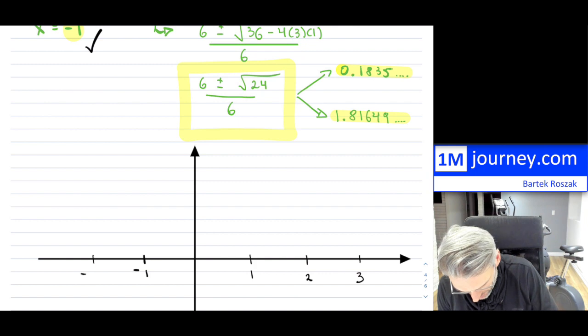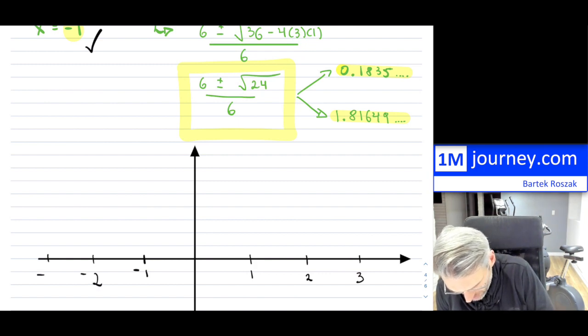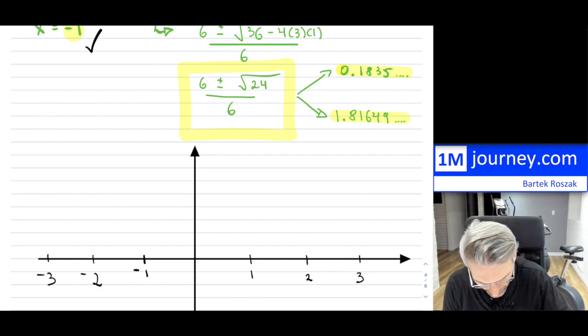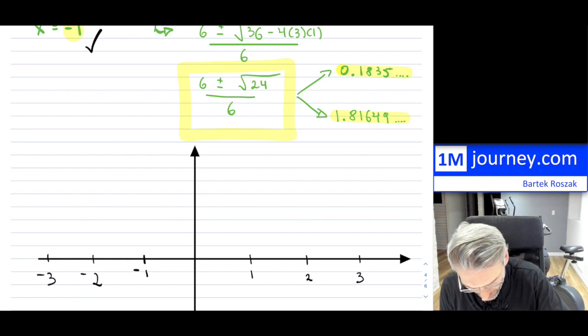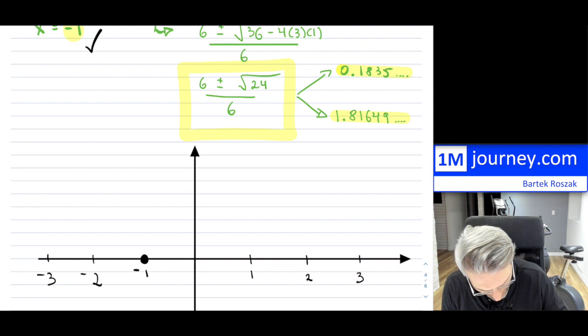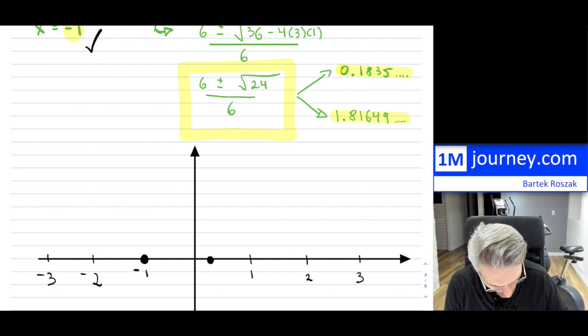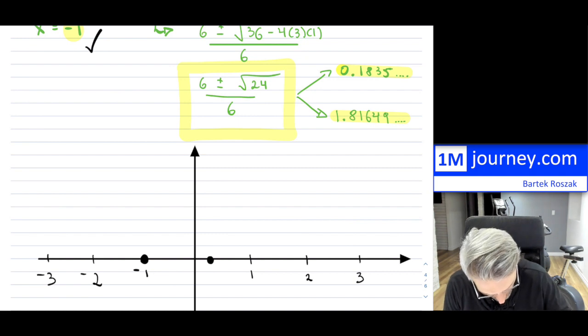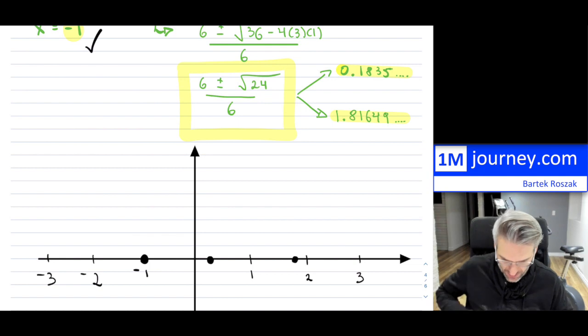We'll see if this is sufficient as we keep going through the sketch, but for now I think it should be. So we have a crossing, or a touch, at -1, at 0.18, which is going to be somewhere over here, and then 1.8, approximately 2, somewhere over here. So that's what we have.